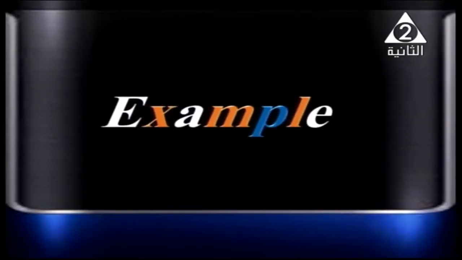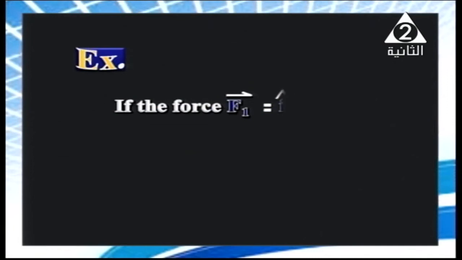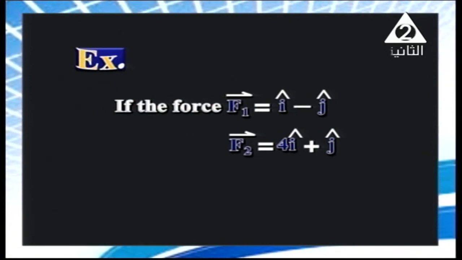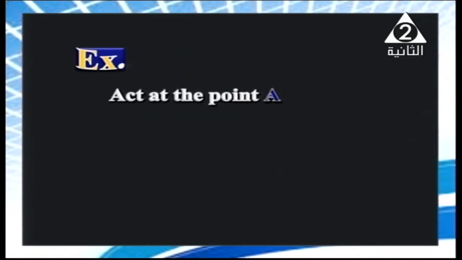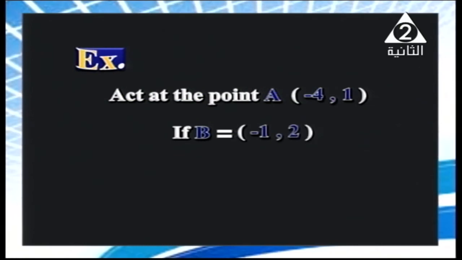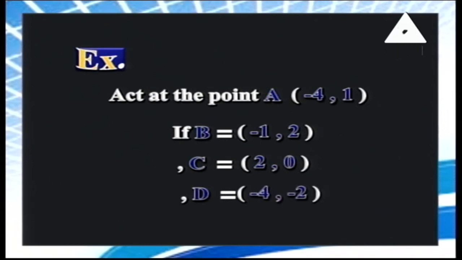Look at another example. If the force F1 equals I minus J, F2 equals 4I plus J, F3 equals 2I plus 2J, acting at the point A, whose coordinates are negative 4, 1, B whose coordinates are negative 1, 2, and C equals 2, 0, D whose components are negative 4, negative 2.